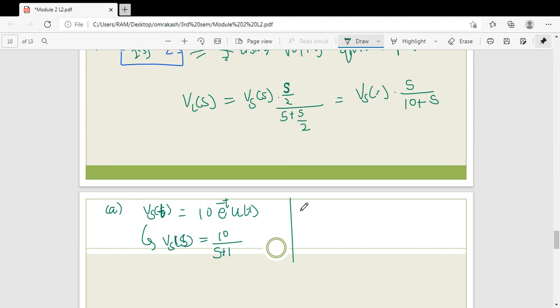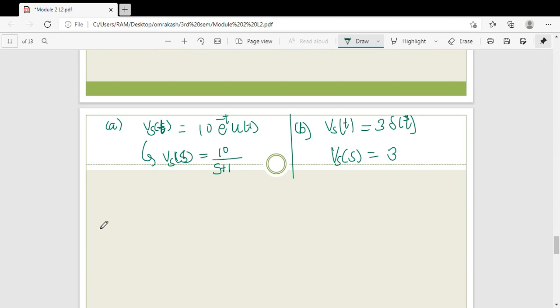And for the other input, Vs of t equal to 3 del of t, when you take Vs of s, you will get 3, right? So put that value in this equation.